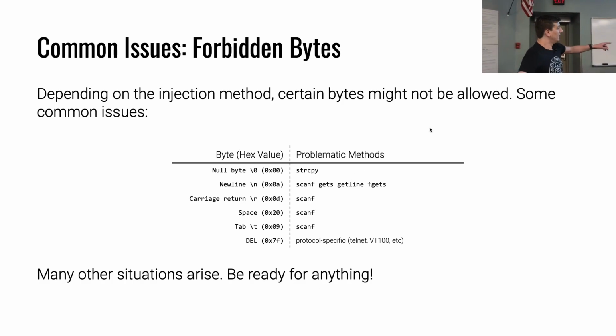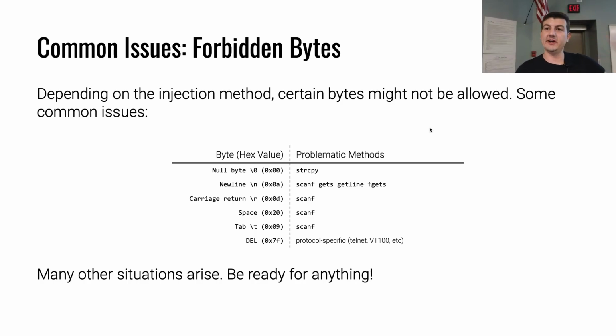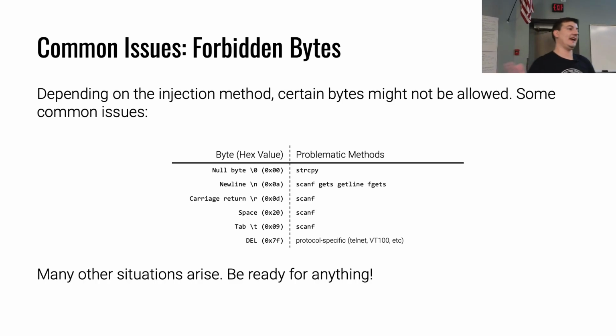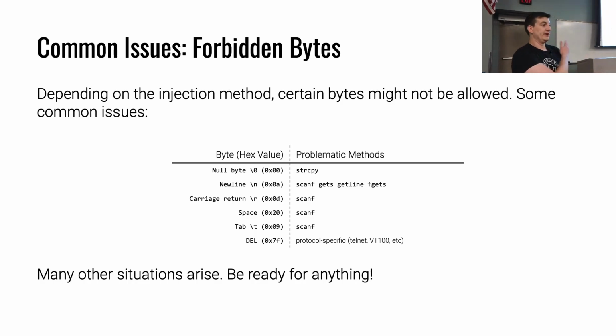So there was something I didn't show. We could have actually really messed up our shellcode, and it could have been very annoying. What would have happened if there was a newline in our shellcode? It would read, because gets reads a line, so it would read up until that newline, and then stop reading the rest of our shellcode and only execute half of our code.